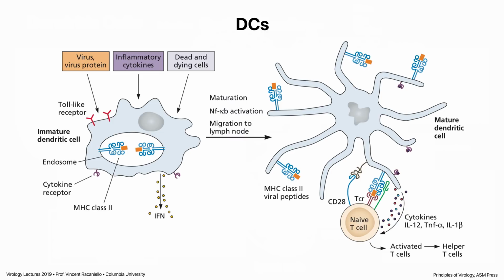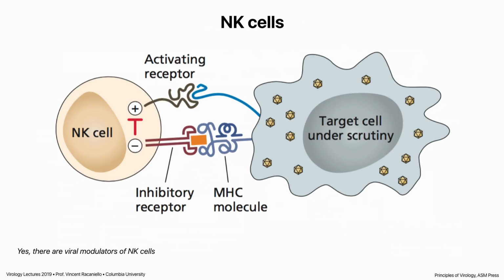So this is how we link the innate with the adaptive responses through these sentinel cells like DCs and macrophages. They detect early events and bring in packets of viral proteins into the lymph node to interact with the adaptive response. The last member of this sentinel is the NK cell, which is shown here.